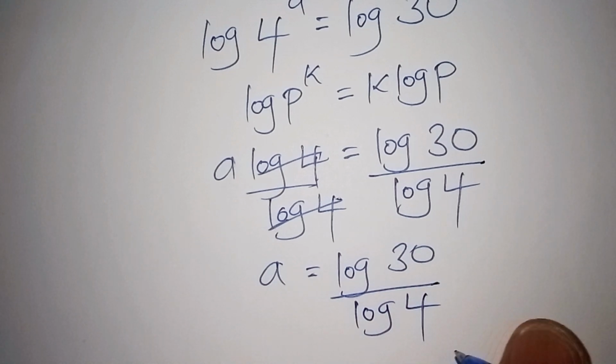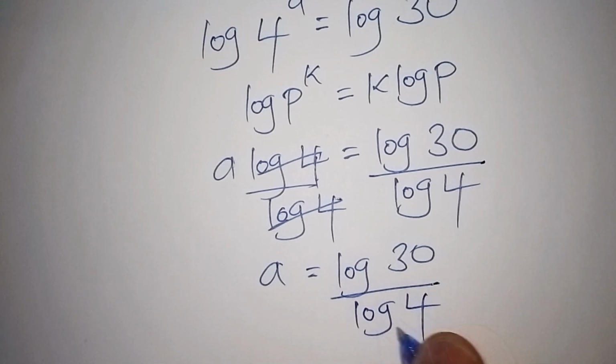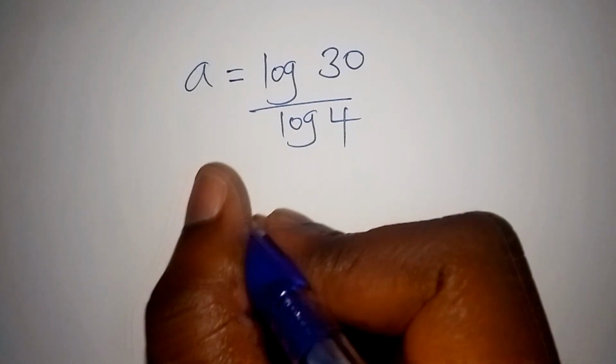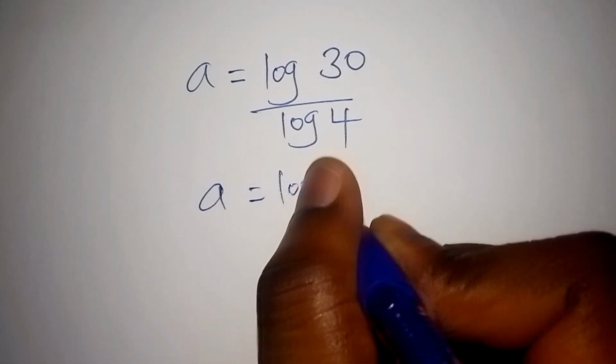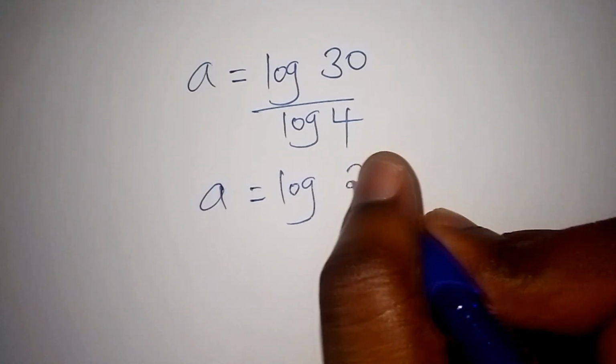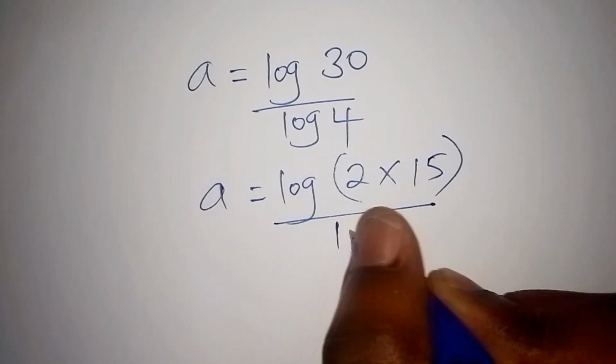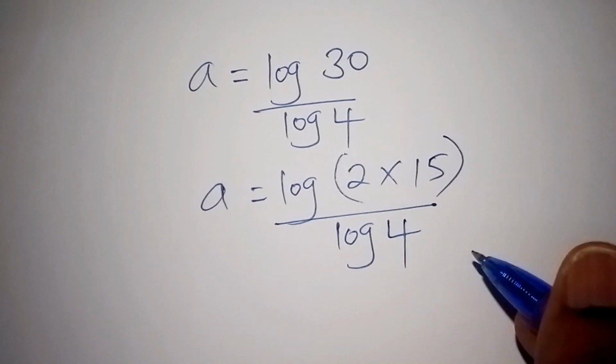So remember that this one is not the final answer. We can as well go ahead and simplify it. So now our a is equals to the log of 30, which can also be written as the log of 2 multiplied by 15, all over the log of 4.